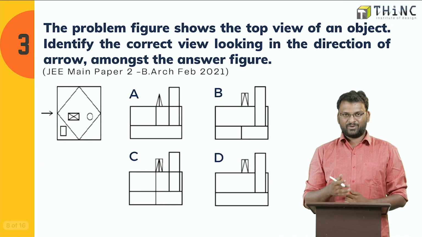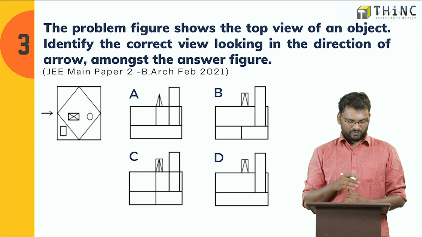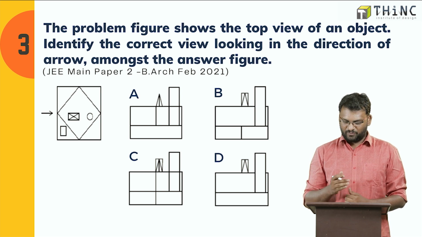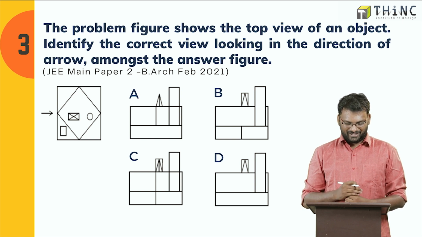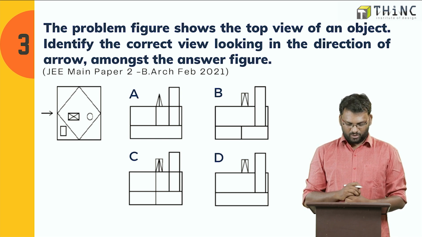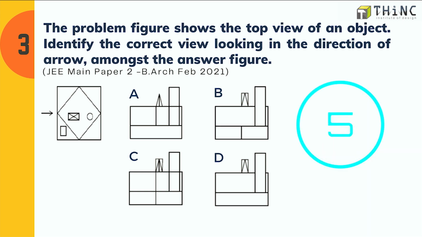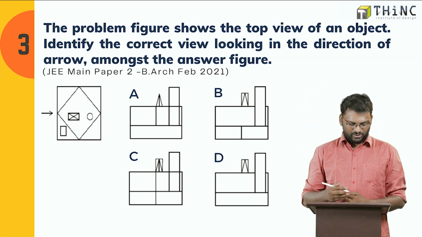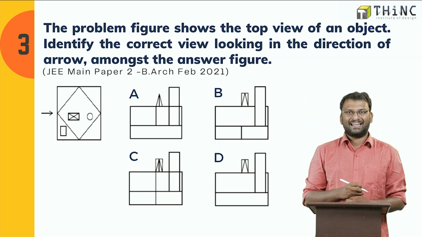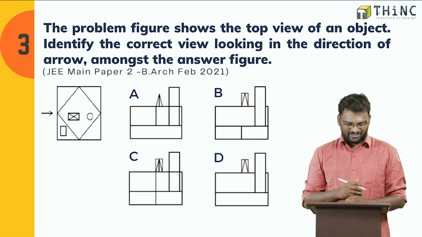Here is a question from the projection itself. The problem figure shows the top view of an object. Identify the correct view looking in the direction of the arrow amongst the following answer figures. You need to look from the left direction over here.